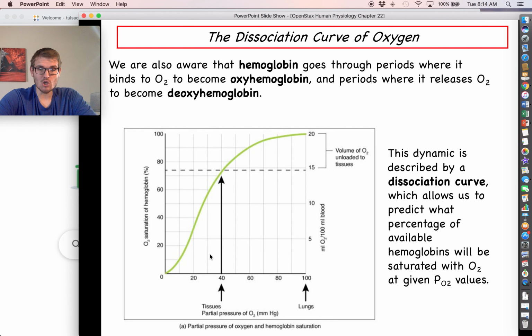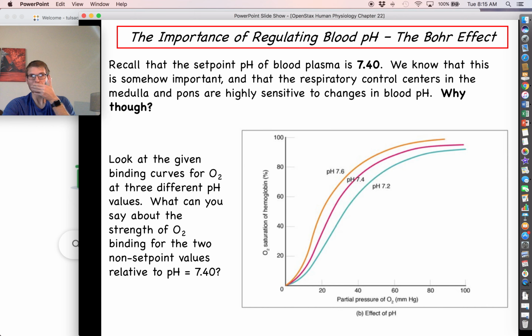But when it gets to deoxygenated blood, in which the partial pressure is more like 40 millimeters mercury, you can see that a significant percentage of hemoglobin starts to unload its oxygen. So instead of having close to 100%, it's more like 70%, which still seems like a lot, but it really is not that much when you compare it to 97%.